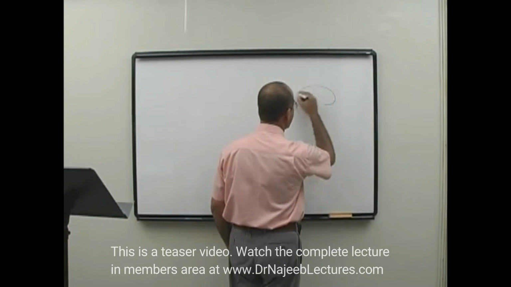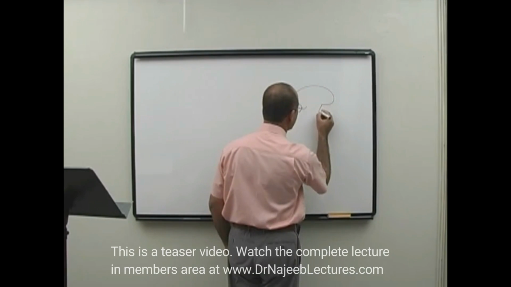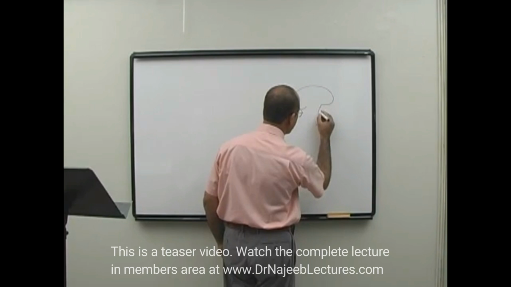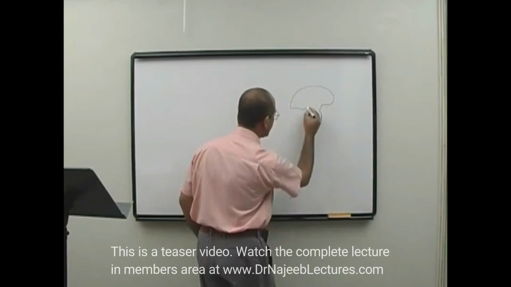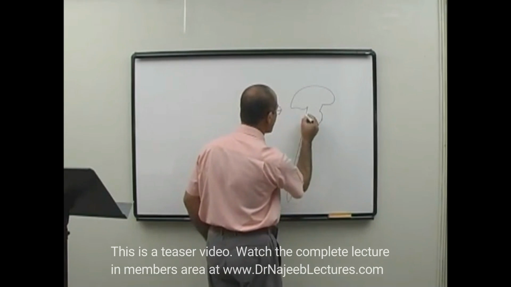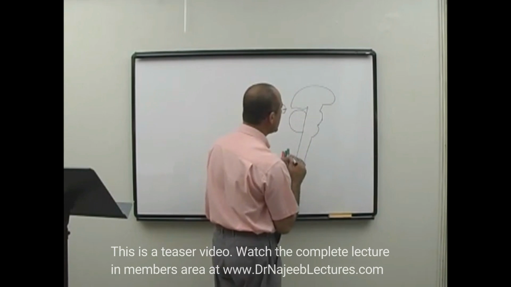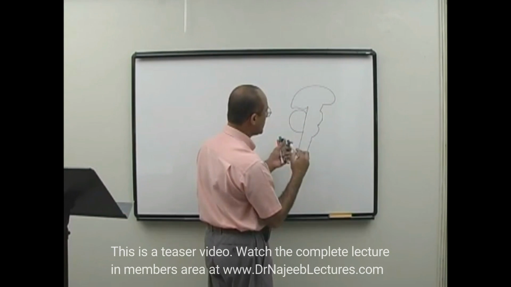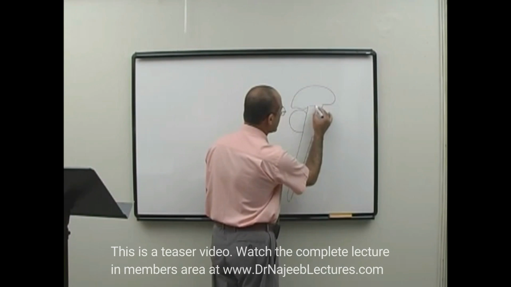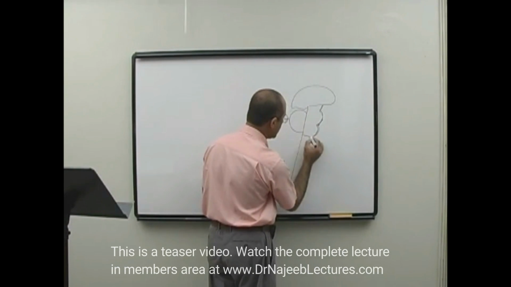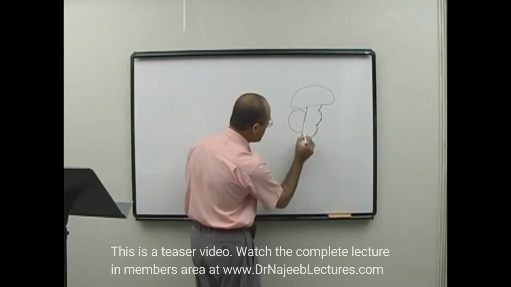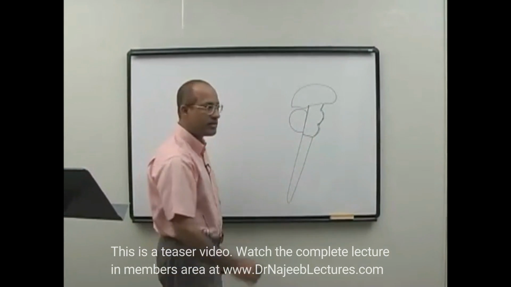Here is your cerebral hemisphere. Midbrain, pons, medulla, spinal cord, cerebellum, right? Now, actually, all this structure from here up to here is called the brainstem.